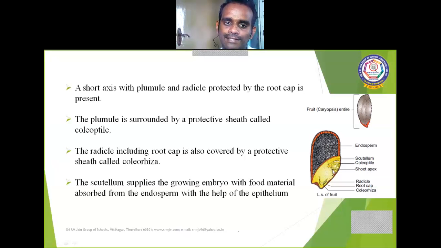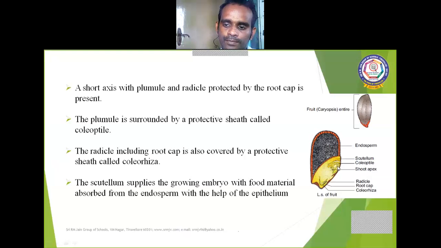a short axis with plumule and radicle is protected by root cap. The plumule is surrounded by a protective sheath called coleoptile.